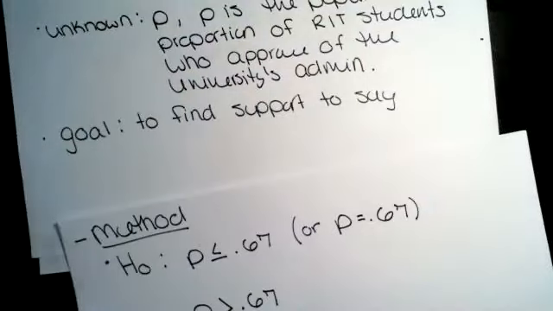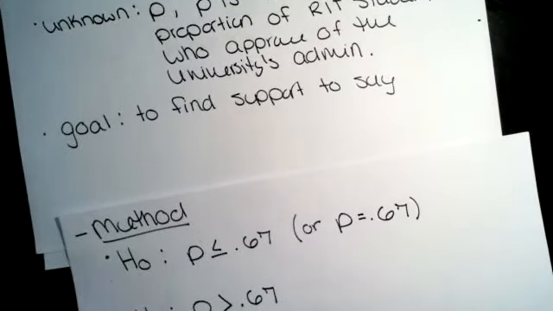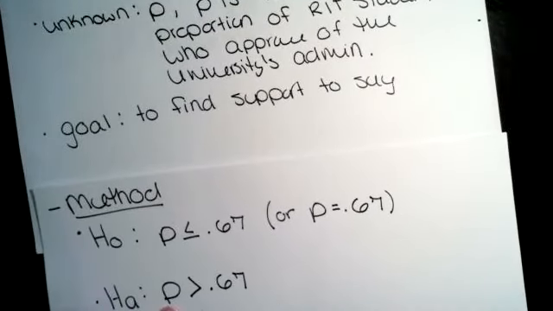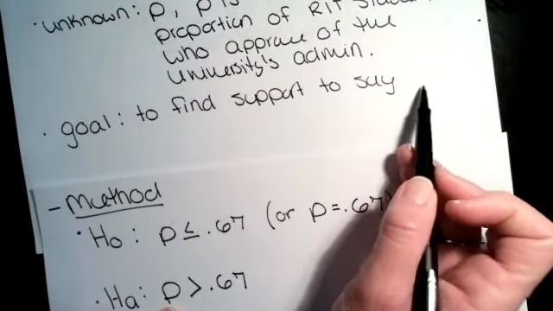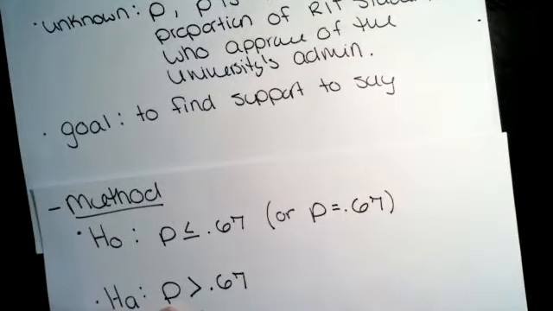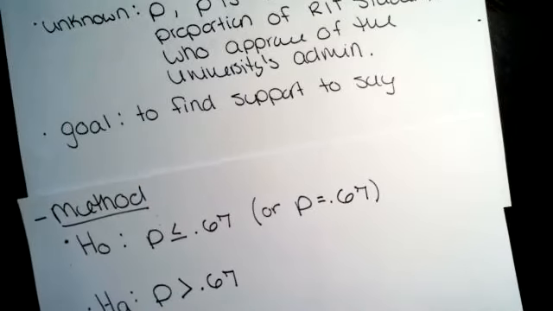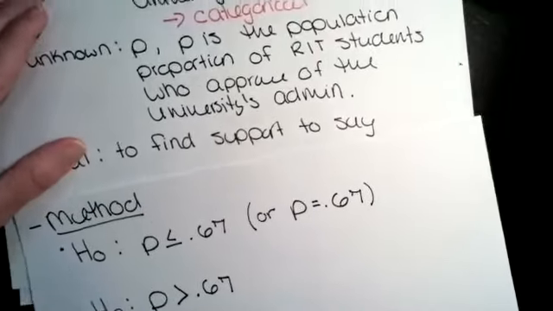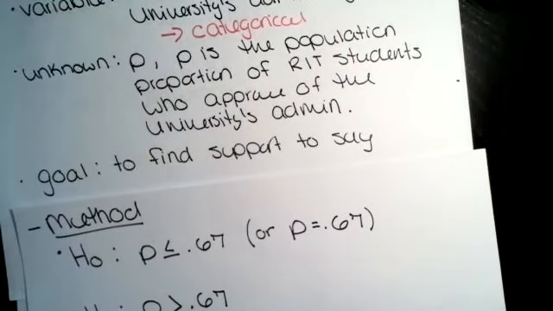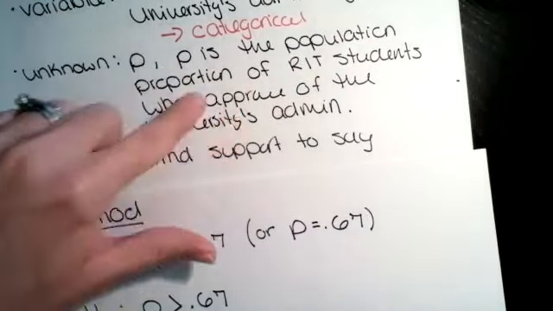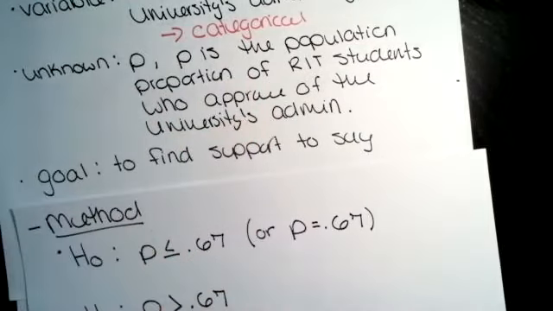I don't have to say to reject the null. I can just say to support HA. So instead of writing to find support to say P is greater than 0.67, I want to write it out in words. Good thing I've already defined P up here. So I'm going to write the definition of P and say it's greater than 0.67.